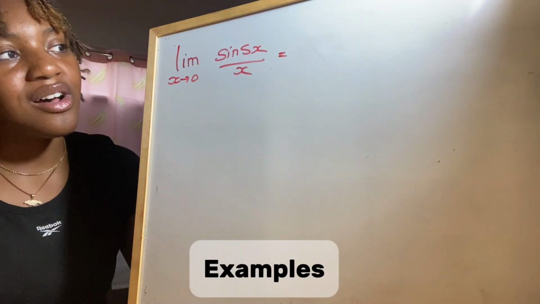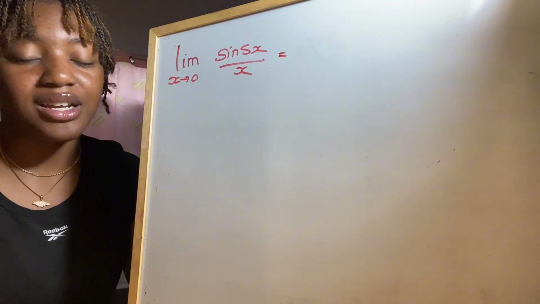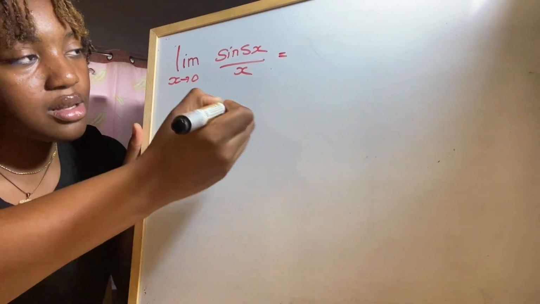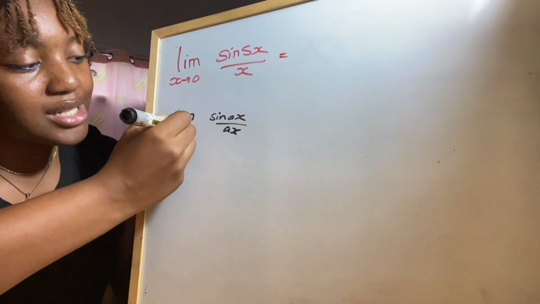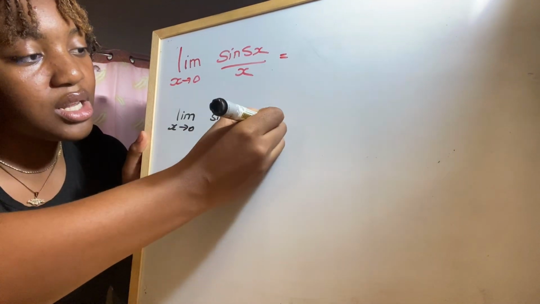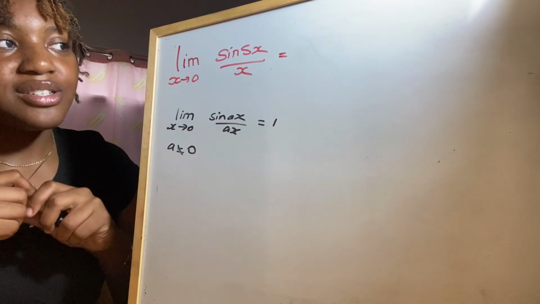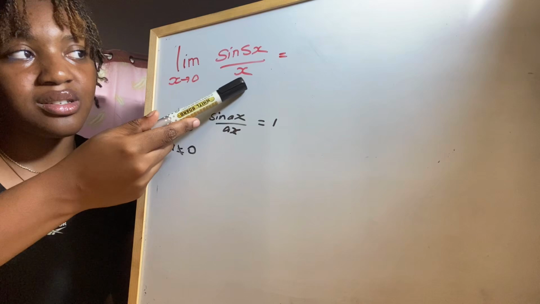We have the limit of sine 5x over x as x approaches 0, and we're trying to find it. So recall the special case that the limit of sine ax over ax as x approaches 0 is equal to 1, where a is not equal to 0. We can use this case to solve this.